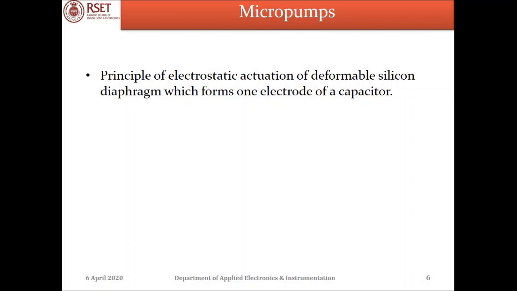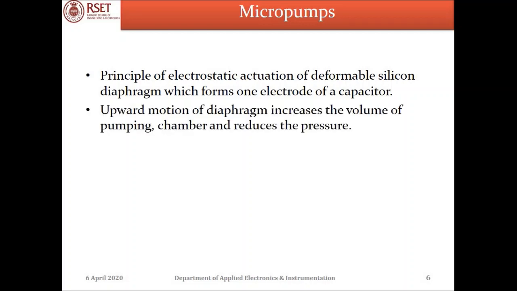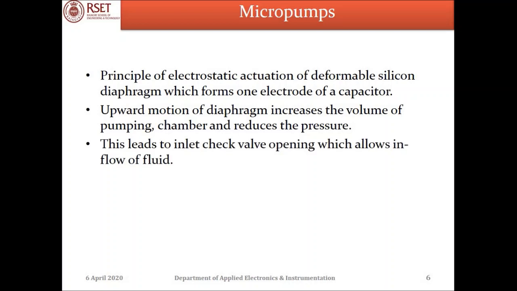The micropump, which we are discussing now, operates on the principle of electrostatic actuation, wherein the deformable silicon diaphragm forms one of the electrodes of a capacitor. The upward motion of the diaphragm increases the volume of the pumping chamber and reduces the pressure.